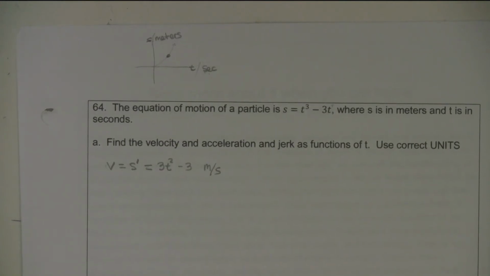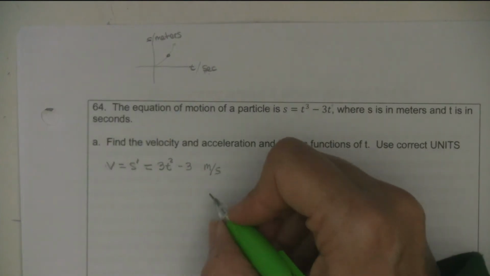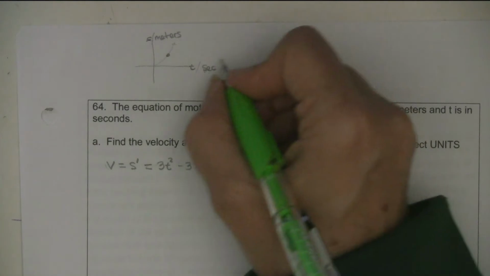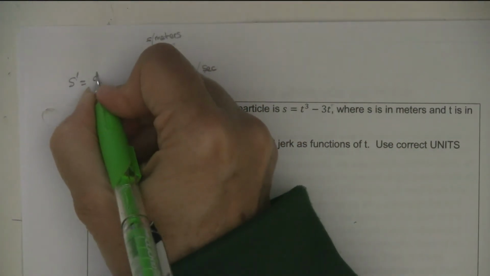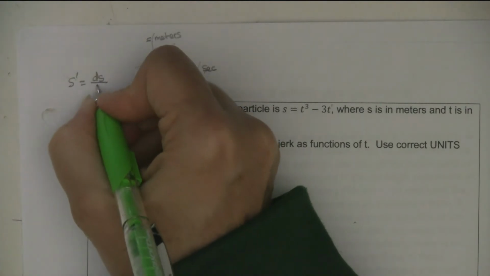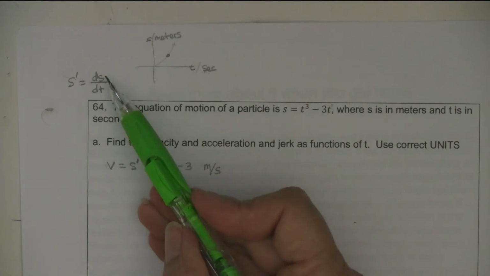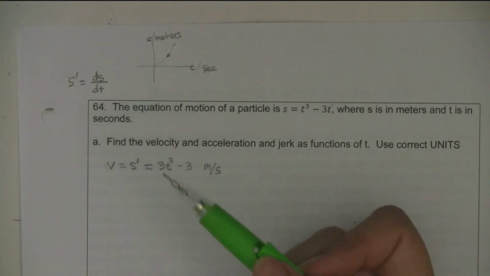Another way of looking at it is other notation besides S prime for the derivative. Some people would say that S prime is the same in this case as ds/dt. And now you can see the units: S is in meters and t is in seconds. So that works too.